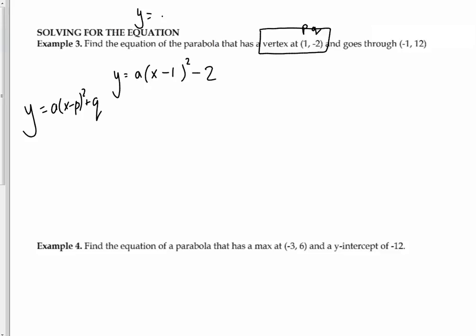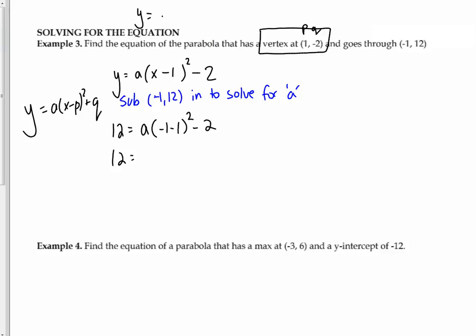Okay, what's my next step? Sub in (-1, 12) to solve for a. So our y value is 12 and our x value is negative 1. Negative 1 minus 1 is negative 2, and then squared it is 4.